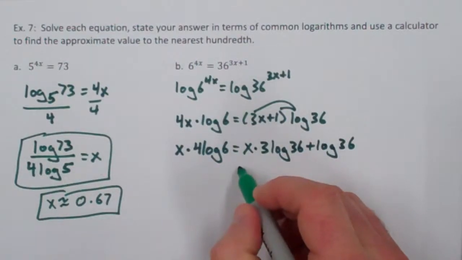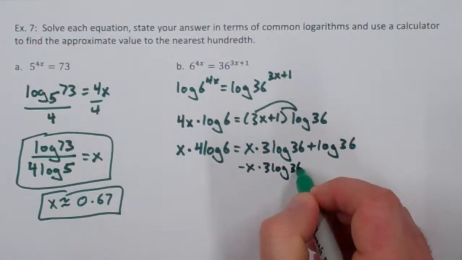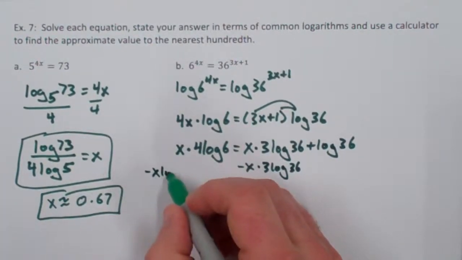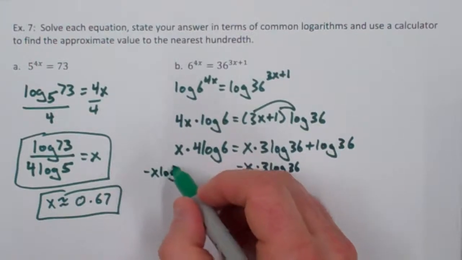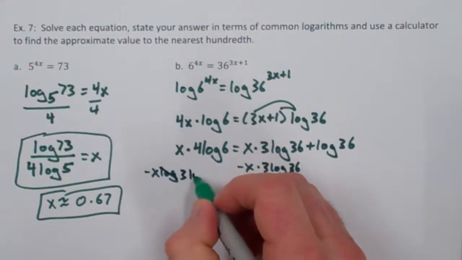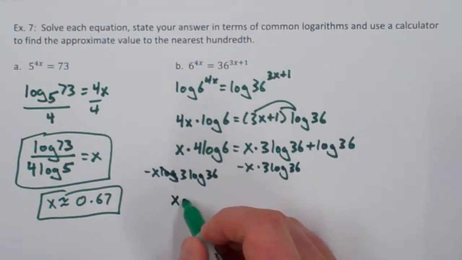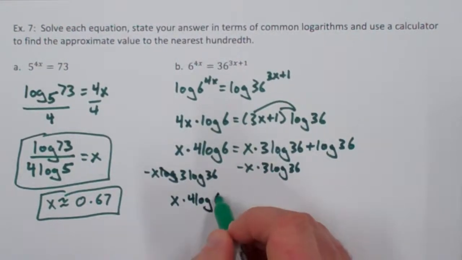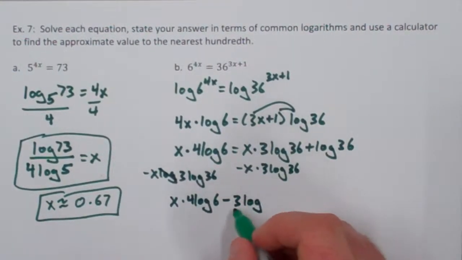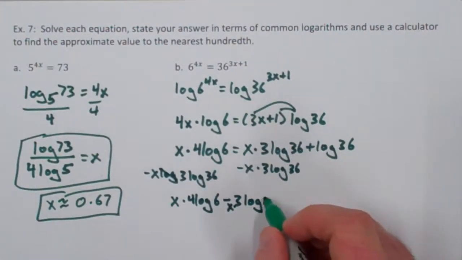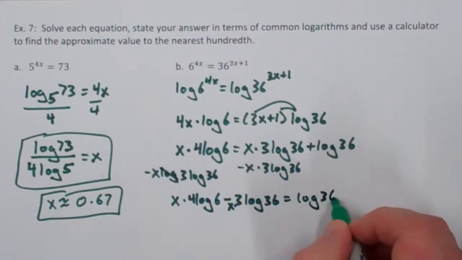So we could subtract x times 3 log 36 from this side, and from the left side. So this will be x times 4 log 6 minus 3 log 36, there's an x there, equal to log of 36.